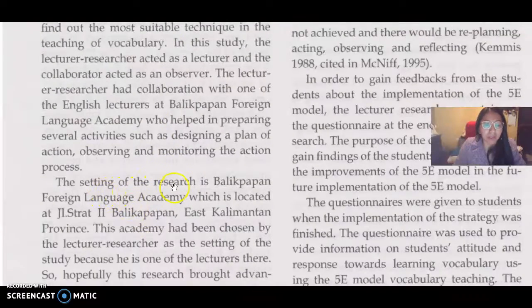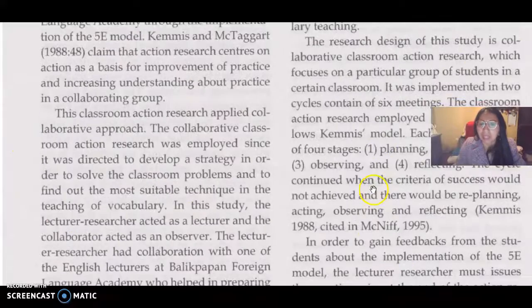the setting of the research, which is a foreign language academy located in Yale Strat Valley, Kalimantan province.